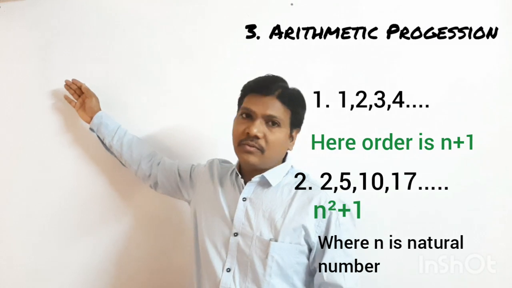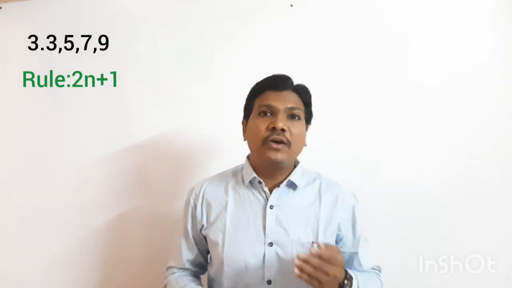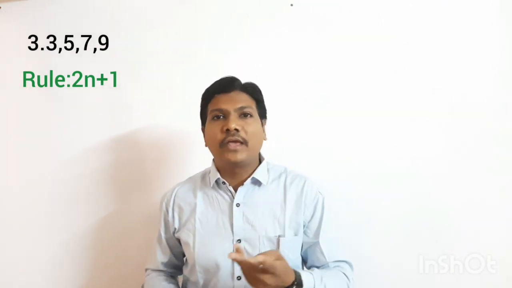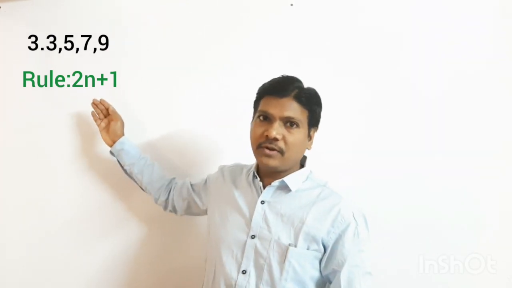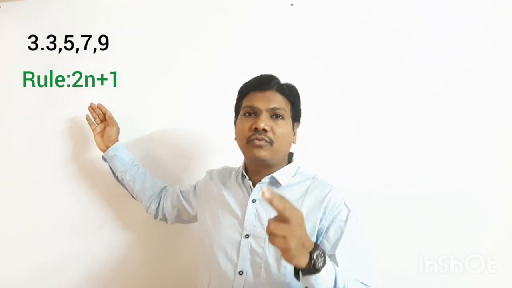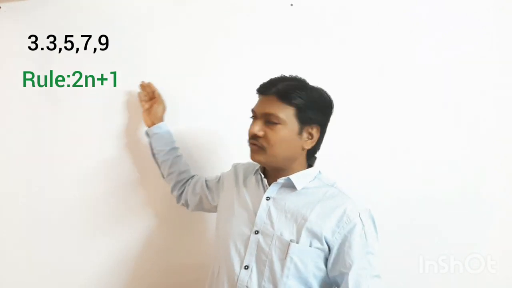See the third example: 3, 5, 7, 9. So here the rule is 2n plus 1, where n belongs to N, meaning natural numbers. When you take 1, then 2 into 1, 2, plus 1, 3, that is the first term. For 2, 2 into 2 is 4, plus 1, that is 5, and so on.